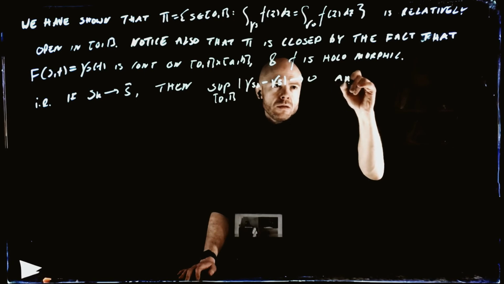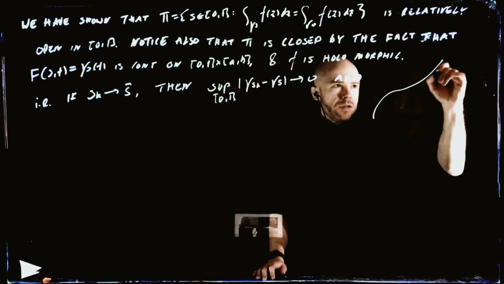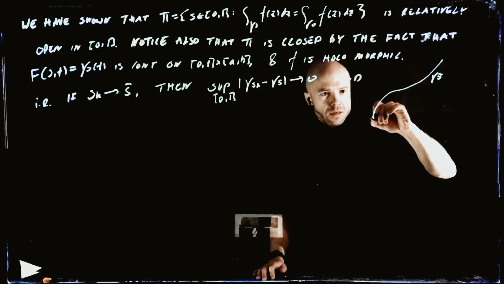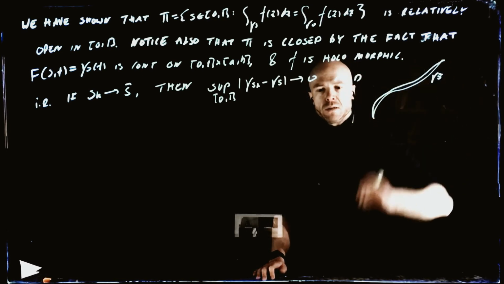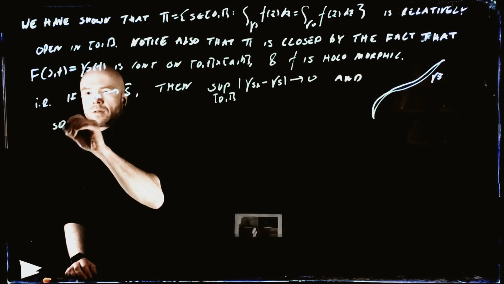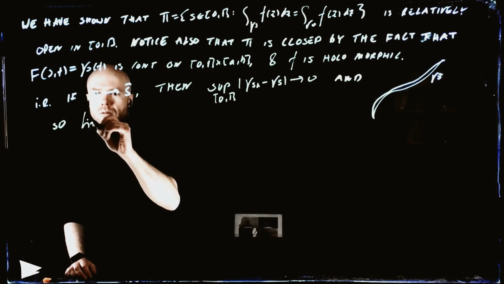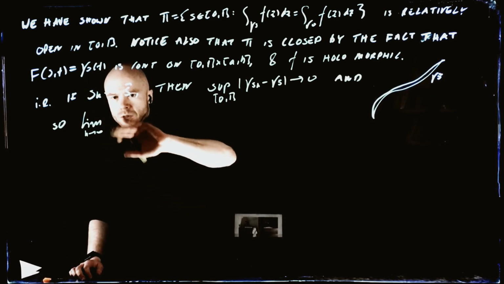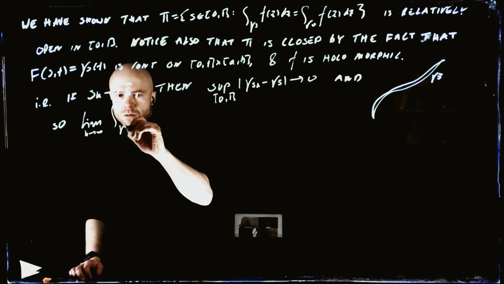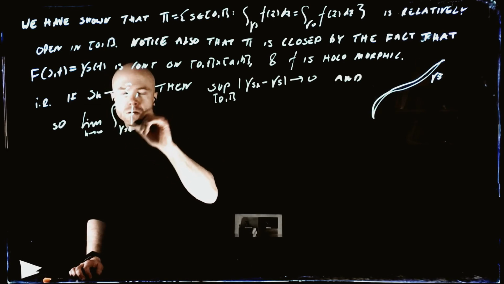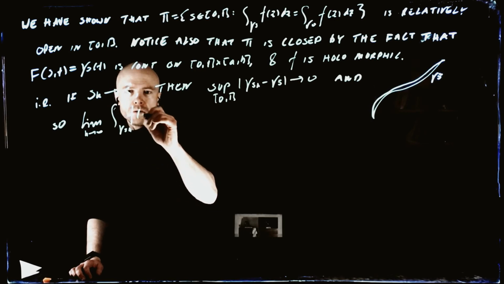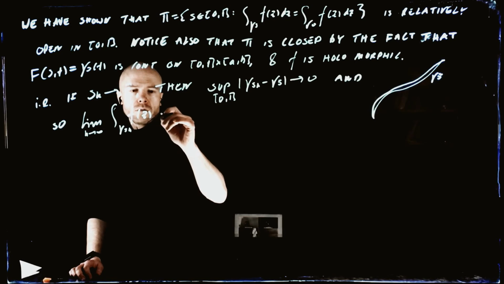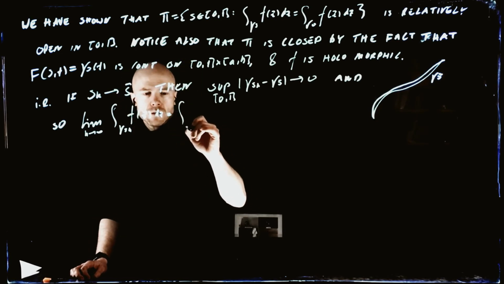And that means that if this is gamma s tilde, and this thing is incredibly close to it, right? The limit as k tends to infinity of the integral along s_k is equal to this thing here.